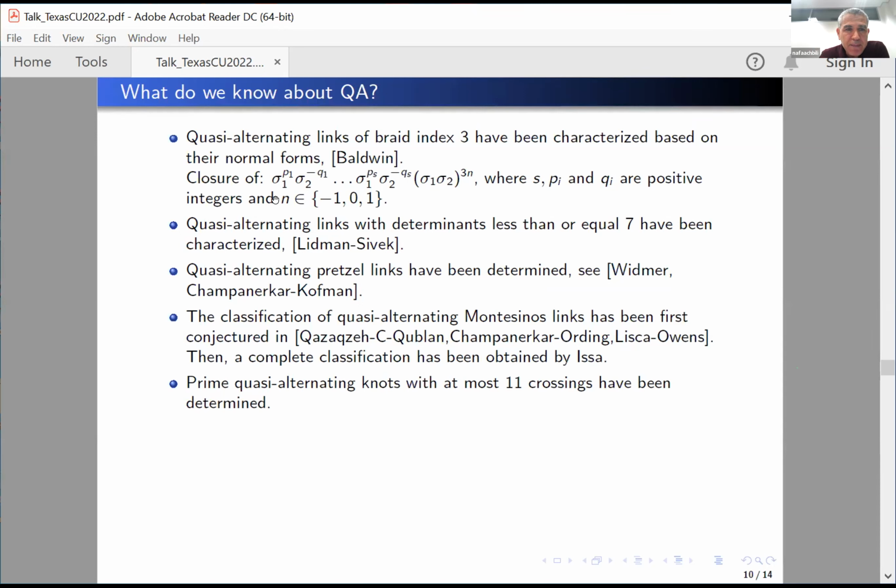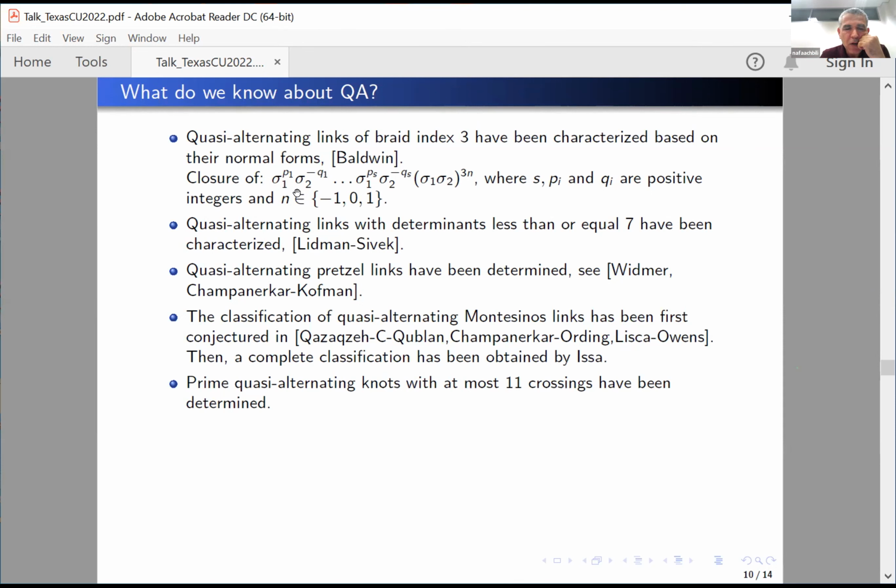They are mainly the closure of a braid of the form sigma 1 to the p1, sigma 2 to the negative q1, etc., where the pi and qi are positive integers. So this means you have an alternating braid plus a twist.